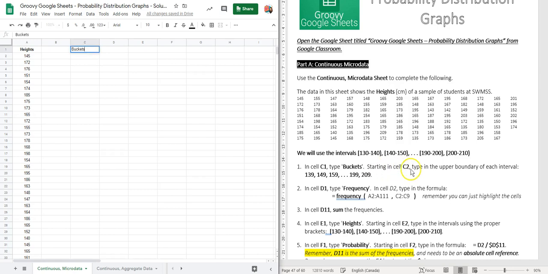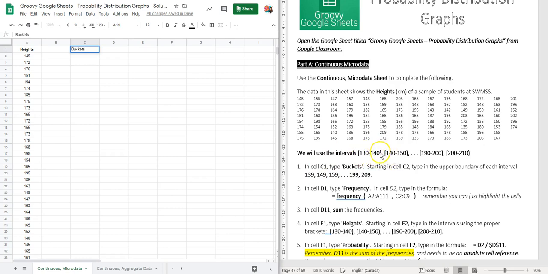And then starting in cell C2, what we're going to do is type in the upper boundary of each interval. So our upper boundary is 140, 150, 160, 170. However, because we're not including 140, what we're actually going to do is instead type in 139.